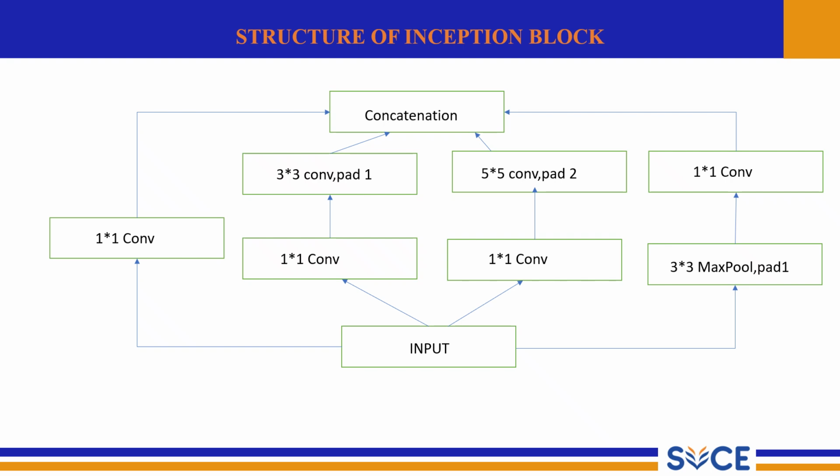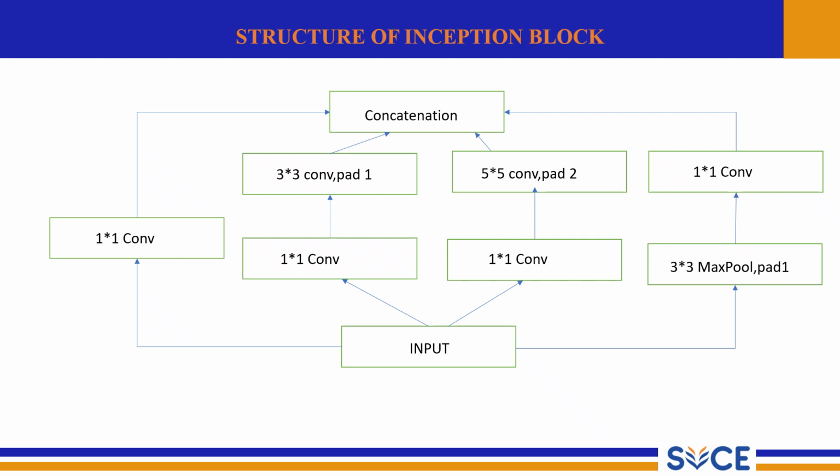The fourth path applies a max pooling operation followed by a 1 by 1 convolution. The pooling layer helps in downsampling the spatial dimensions, while the 1 by 1 convolution adjusts the number of output channels. All 4 paths use appropriate padding so that the input and output feature maps maintain the same height and width.